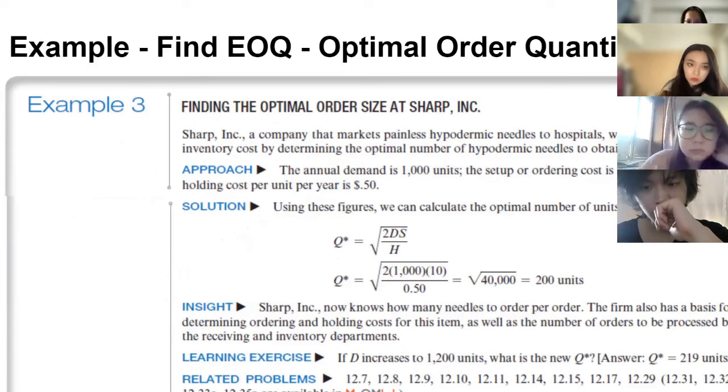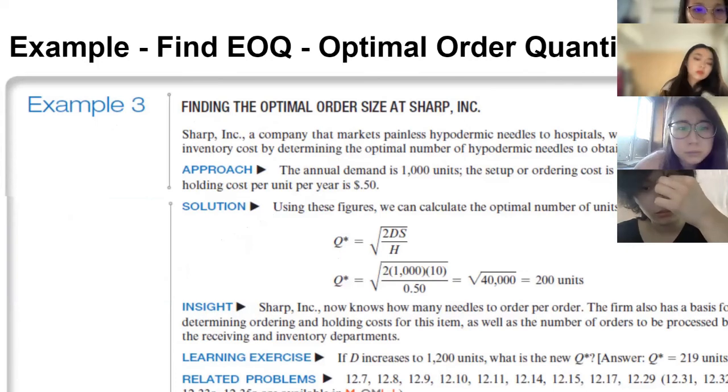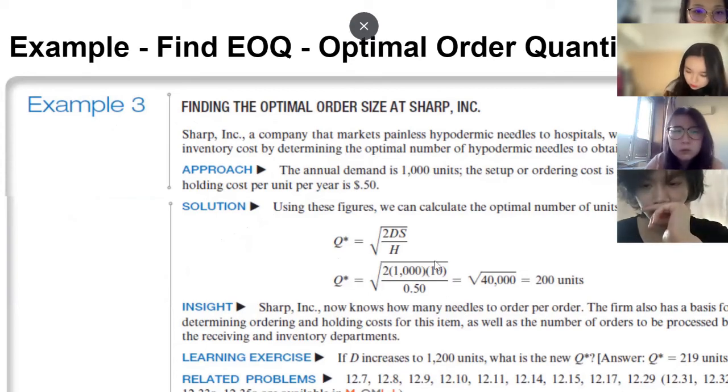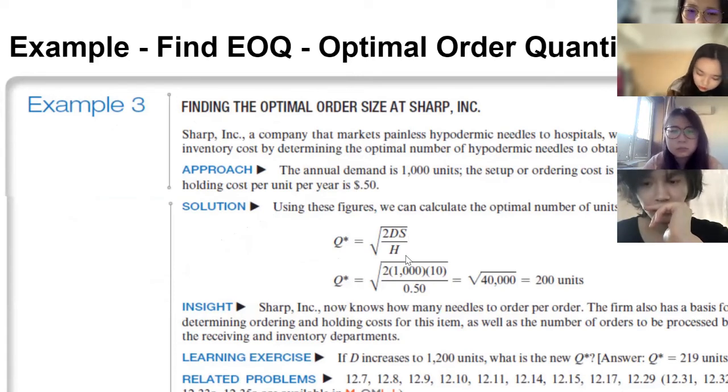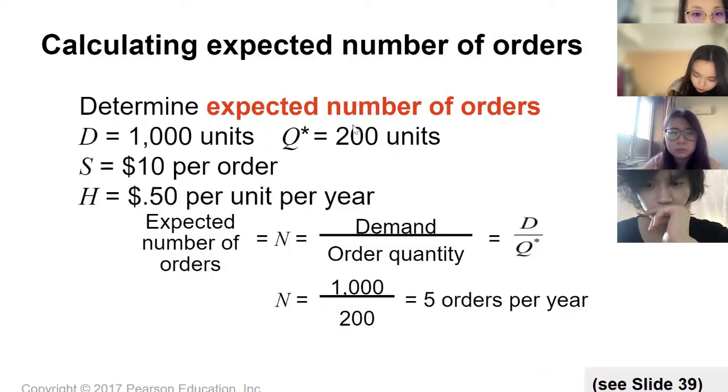The example given in the book is very straightforward. Just plug into the formula and you can determine your economic order quantity. This is the amount that you order that will minimize total cost, which is the ordering cost plus the holding cost. You can determine the expected number of orders, which is demand divided by order quantity.